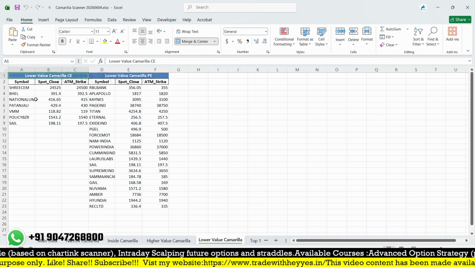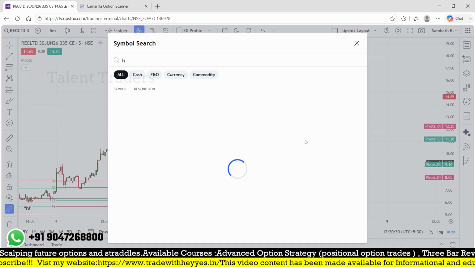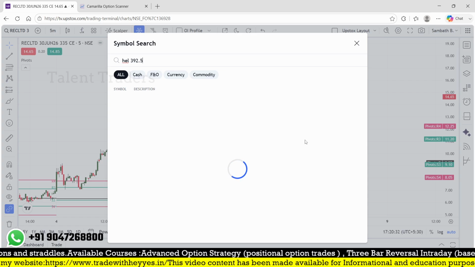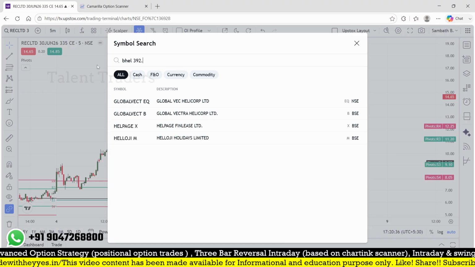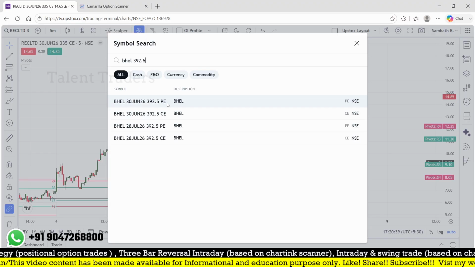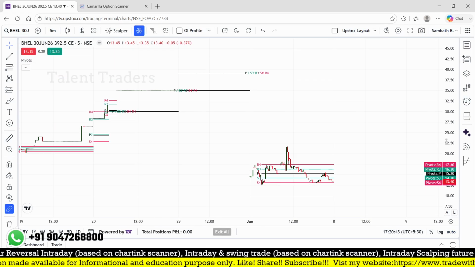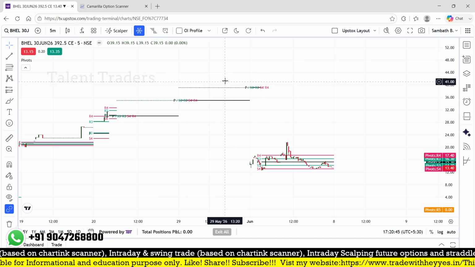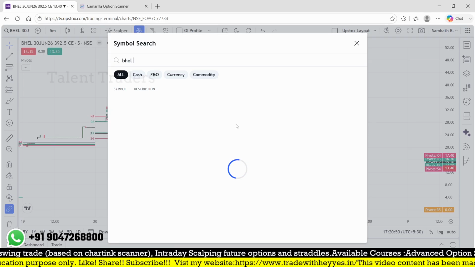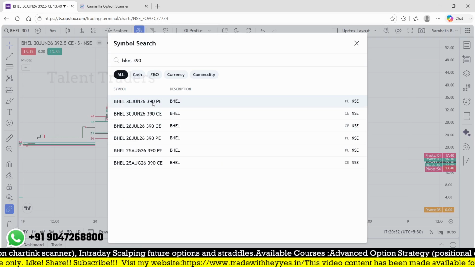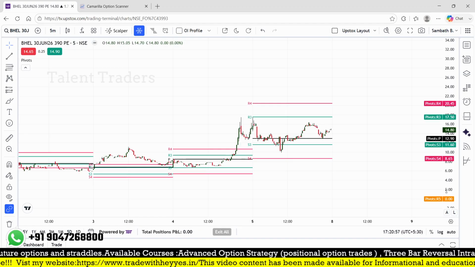And for a lower value, an example comparatively lower than the previous day. So let me go for BHL 392.5. This is comparatively lower. Maybe something is happening, so it is gap lower like that, not a liquid one. So BHL 390, it's a liquidity issue. Not right. That particular strike only is showing like this.